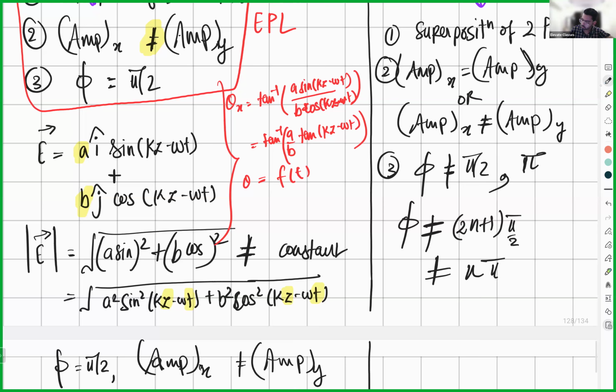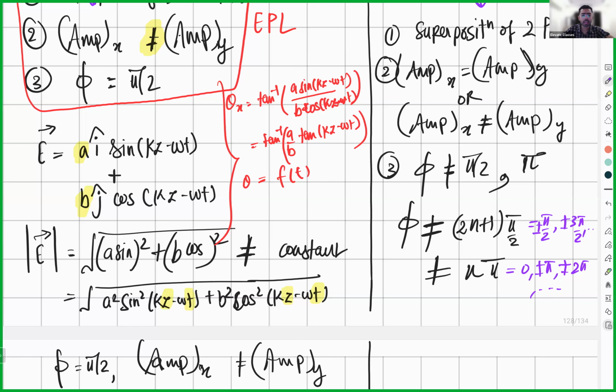All right. So you see this has values pi by 2, plus or minus pi by 2, plus or minus 3 pi by 2, and so on. This has values 0, plus minus pi, plus minus 2 pi, and so on.